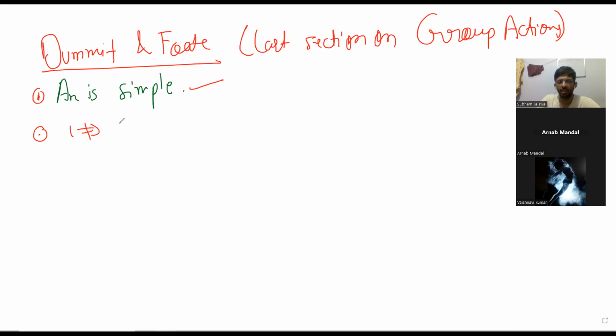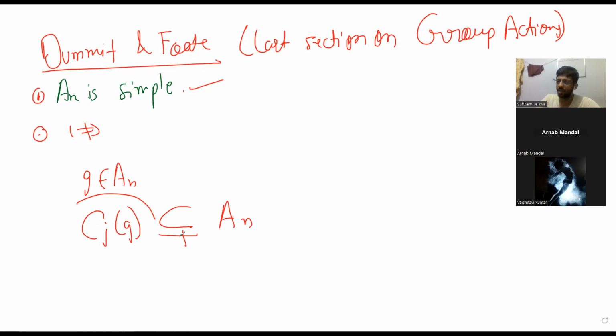It may still happen that you start with an even permutation in A_n, and the conjugacy class of this is still sitting inside A_n. This does not give you a normal subgroup. It's not a group.